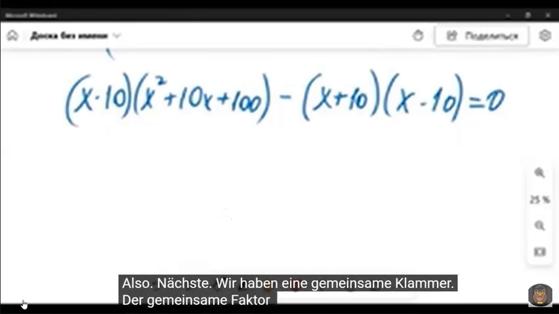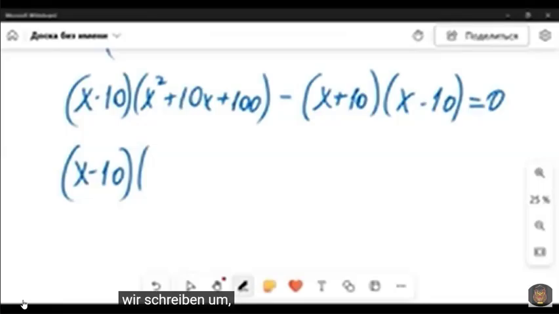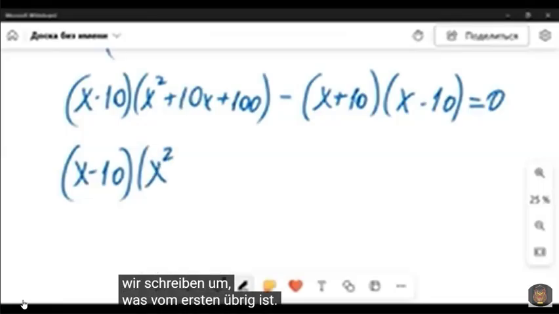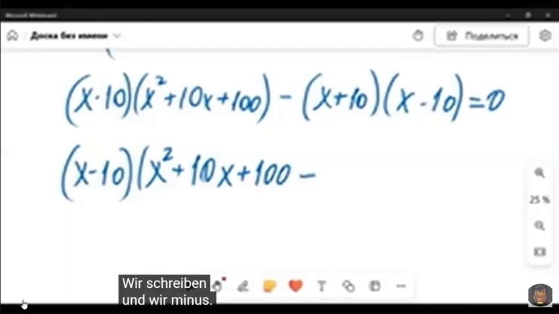So, next, we have a common bracket. The common factor is x minus 10. We rewrite what is left of the first. We write in minus, what number are we subtracting? X plus 10.